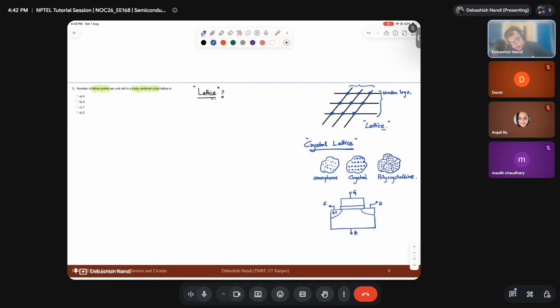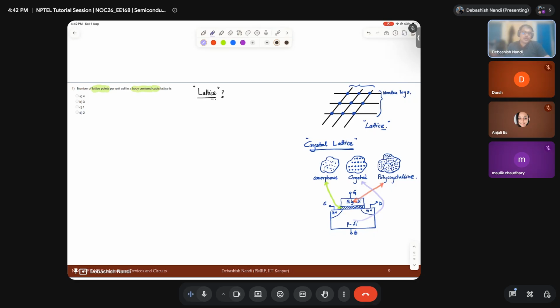Let's make it an n channel MOSFET. This is SiO2 and this is polysilicon. So this part is polysilicon, polycrystalline. This particular part is amorphous SiO2, and the remaining entire stuff is your crystal.